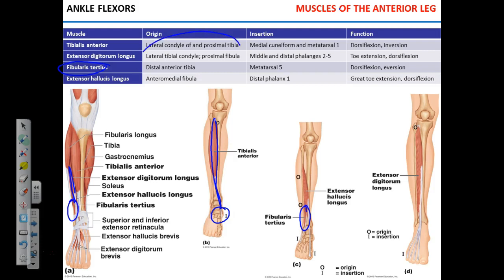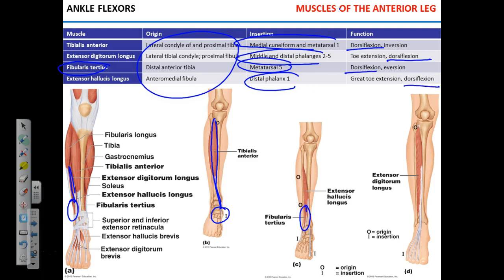Now look, all of them originate at the tibia, and all of them are inserted into different phalanges or metatarsals, except for the tibialis anterior, which is also inserted in the cuneiform. All of them are responsible for dorsiflexion, and some of them are responsible for eversion or inversion. Now, it makes perfect sense if you look at the picture.